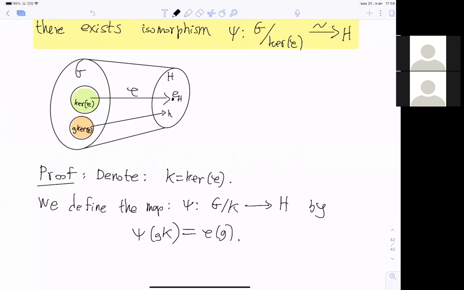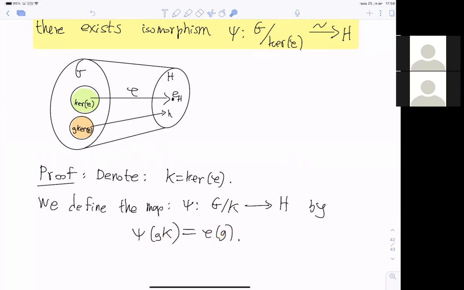What do I mean by saying it is well defined? I want to show that here you take an element of G modulo K, but you use the data of little g. How do you know that taking another representative of the same shift results in the same image?